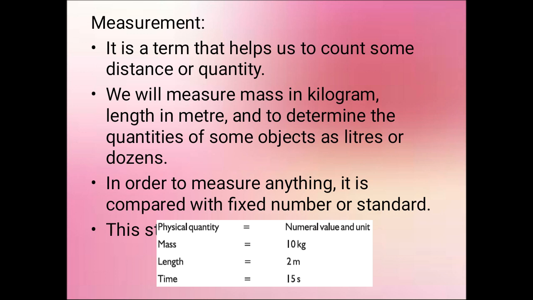Then we saw about measurements. How can we measure? Measurement is nothing but measuring some quantities, right? Measuring a quantity or distance. What are the measurements we used to measure? We can measure mass in kilogram, length in meter, some liquids in liters, and time in seconds, right?